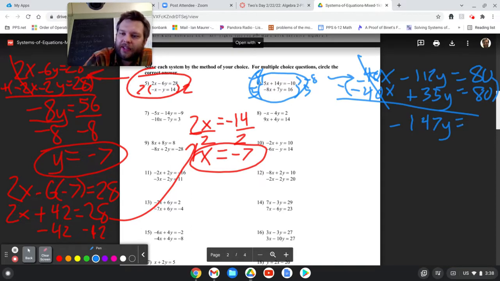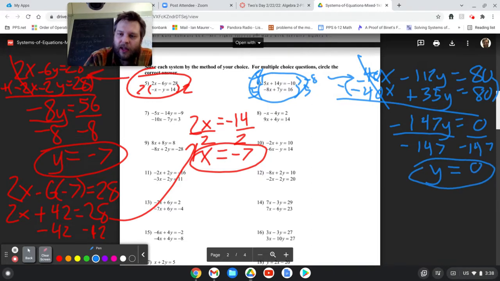Then I have 80 minus 80, and that makes 0. Thank God it's 0, because when I divide by negative 147, it's really easy to divide 0 by any number. You get 0. Now that I know y equals 0, I substitute it back into the equation of my choosing. I'll do the top equation.